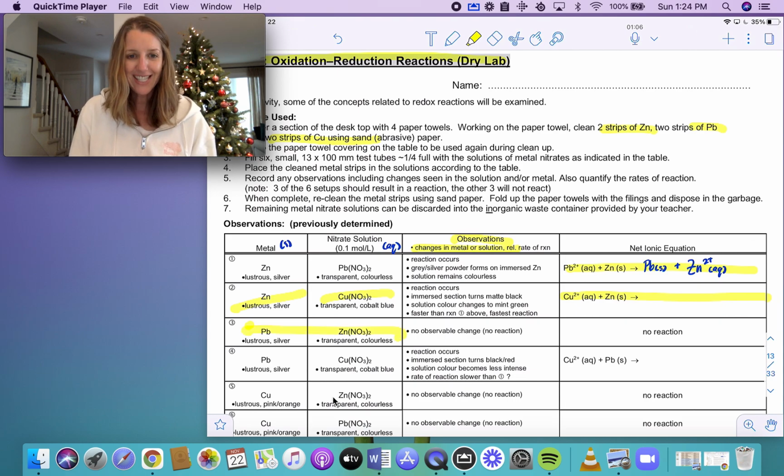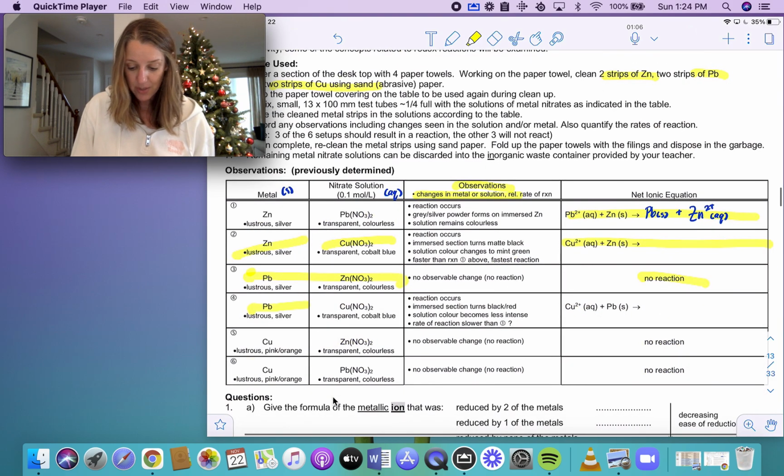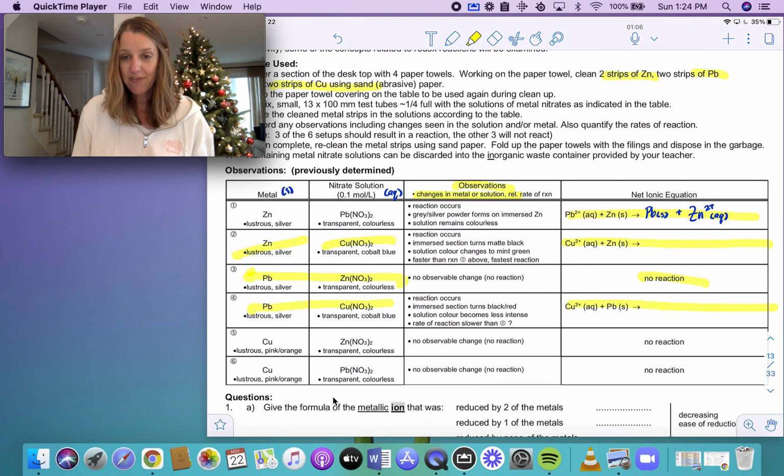Then you notice that zinc nitrate solution mixed with the lead, no reaction occurs. Okay, that's going to tell us about the strength of these ions and the metals in regards to comparing them with each other. Reaction number 3 does occur, and so you're going to have to fill in the net ionic equation for reaction 2 and 4.